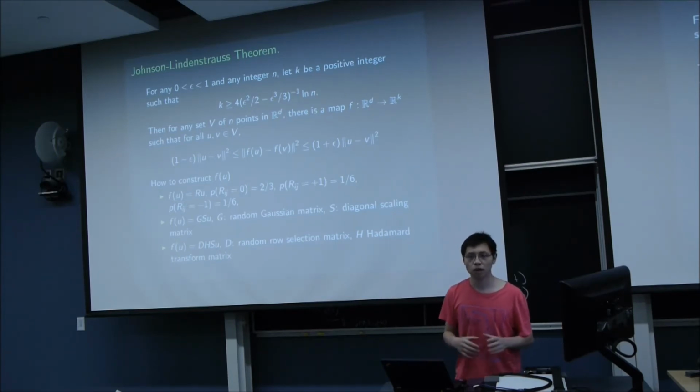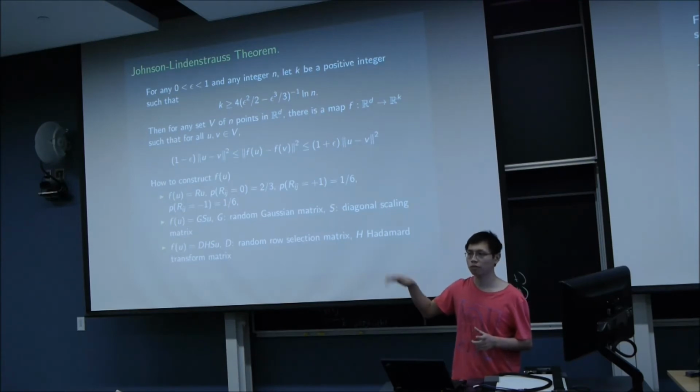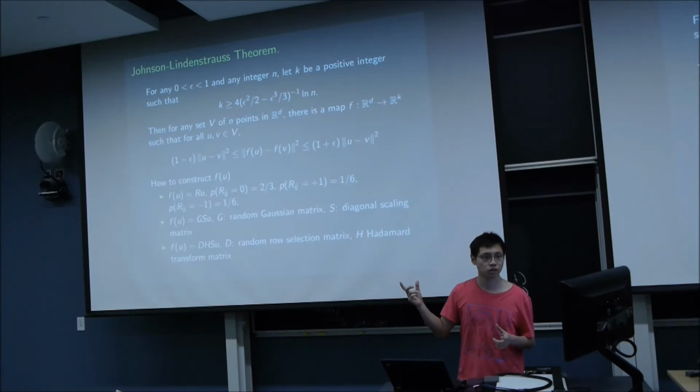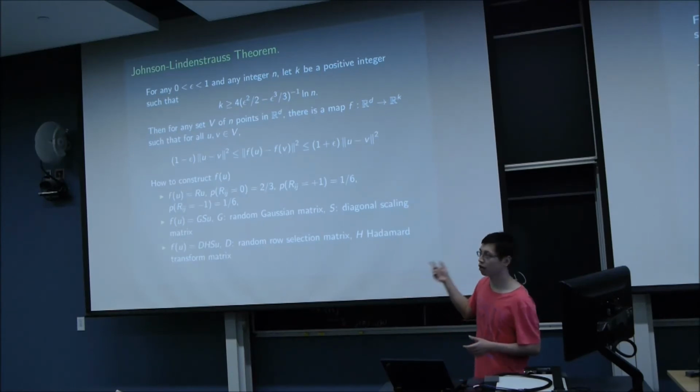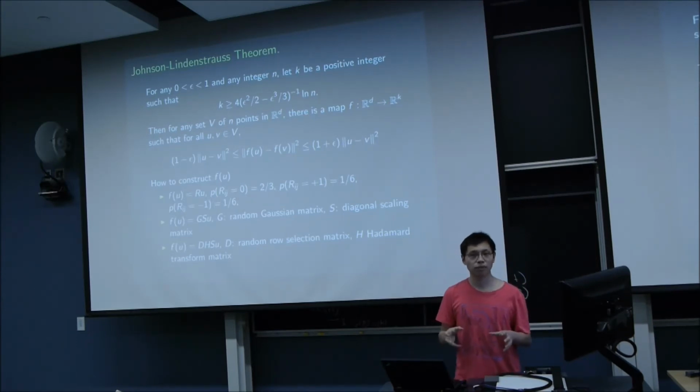You map high-dimensional data onto low-dimensional data such that the distance is kept. So ||f(u) - f(v)|| is the new distance after projection, and the left and right sides are the original distance. If the epsilon error term is very small, the distance between the original space and the reduced space is quite similar.